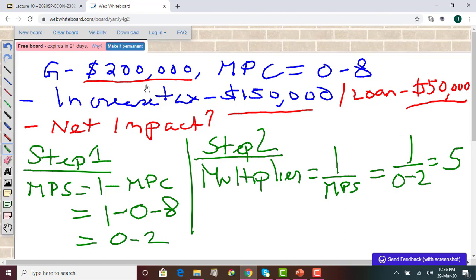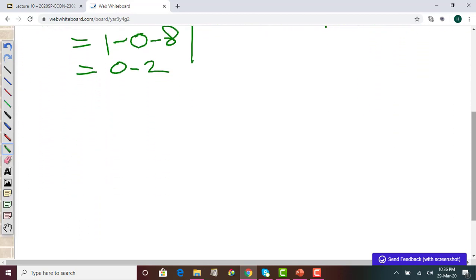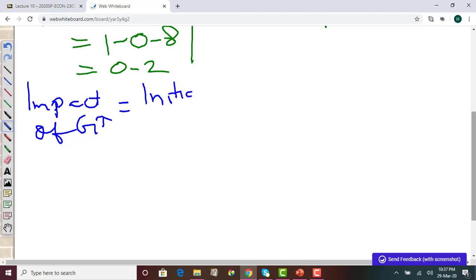Steps 1 and 2 are pretty easy, just like what we did before. Then we move to step 3, where we calculate the impact of G. When government expenditure goes up, what is the impact on output? We know it's given by initial injection times multiplier.